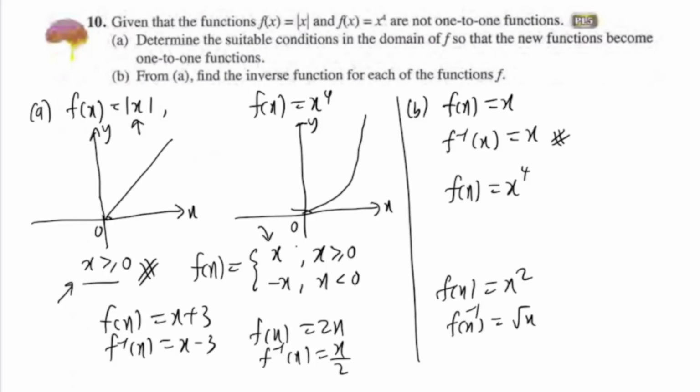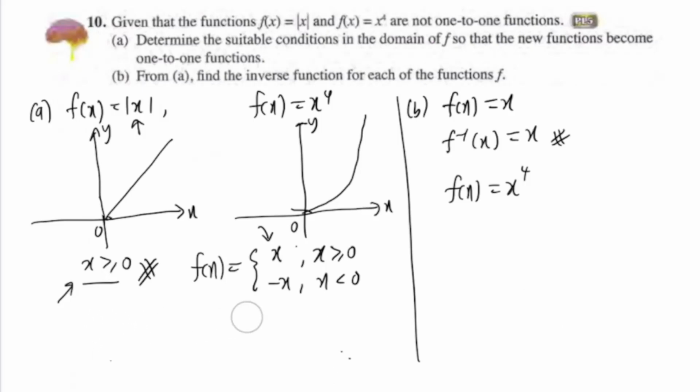It's just the opposite operation. So what is the opposite operation for x^4? You can call this a quad root. So the f inverse of x, you can either write as x^(1/4), or you can say quad root of x. So no need to write the working because it's actually the same thing.